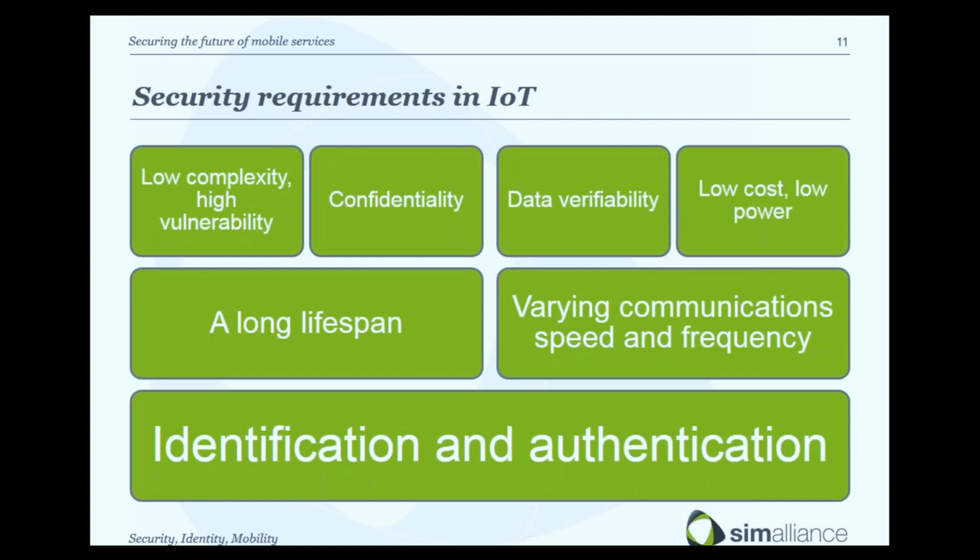Security methods currently applied to today's 4G and previous generations will have to be extended both to meet the performance and power efficiency requirements and lifespan of a 5G IoT world.